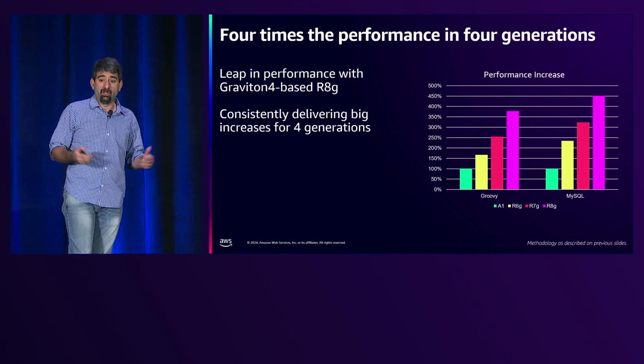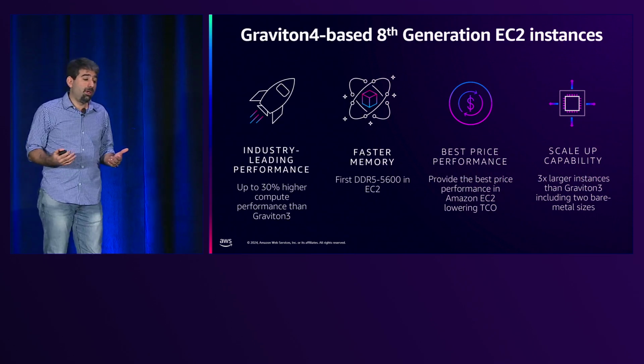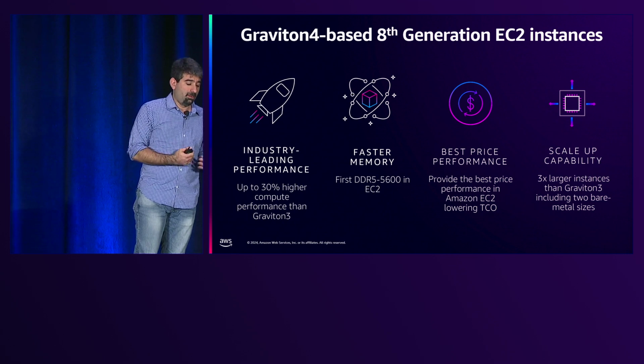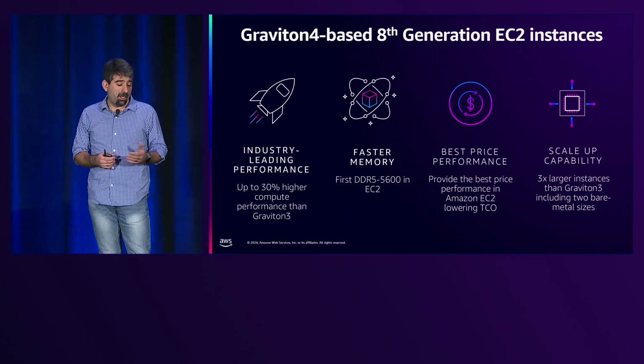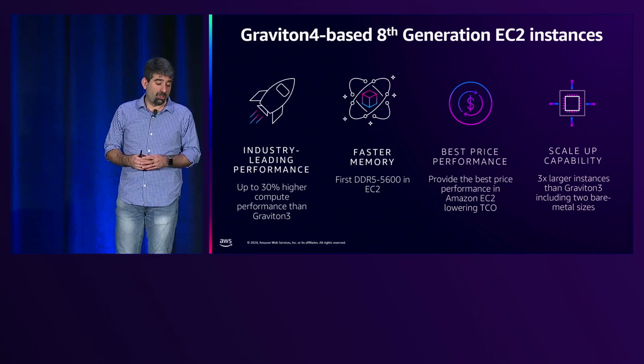It's just a huge number for 4 generations. So overall, with Graviton, we've got industry-leading performance, up to 30% higher performance than Graviton 3. The first system in our cloud that had DDR5 5600 memory, the best price performance in EC2, and as much as 3x larger instances than Graviton 3.